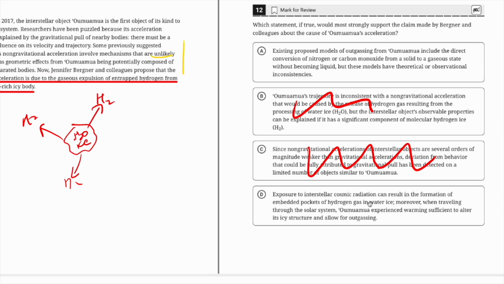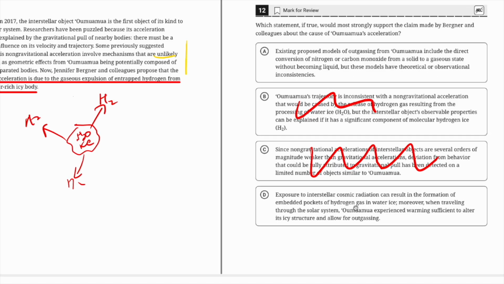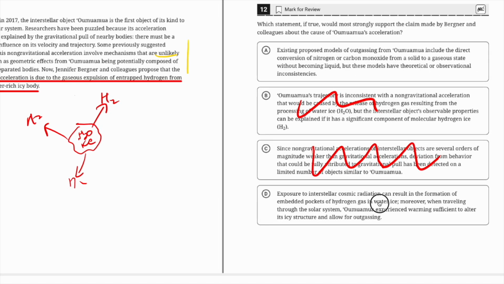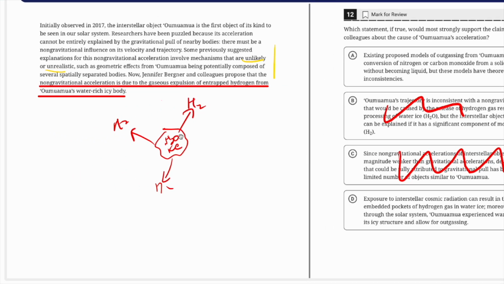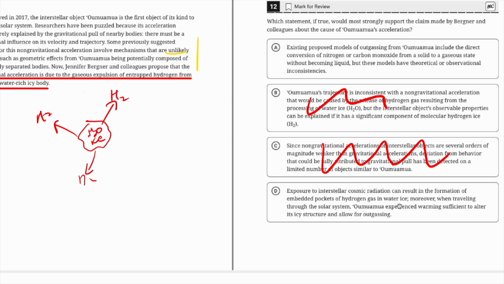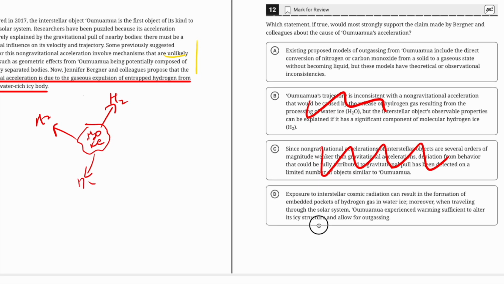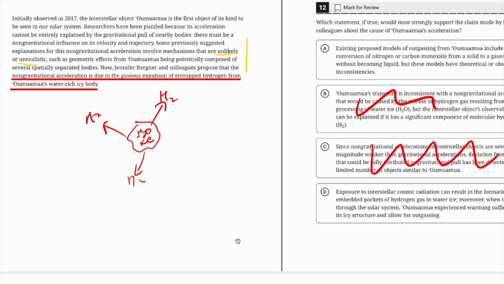D, exposure to interstellar cosmic radiation can result in the formation of embedded pockets of hydrogen gas in water ice. Moreover, when traveling through the solar system, it experienced warming sufficient to alter its icy structure and allow for outgassing. So outgassing, I think, is the same thing as gaseous expulsion.